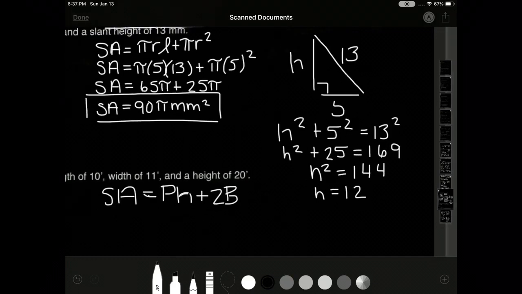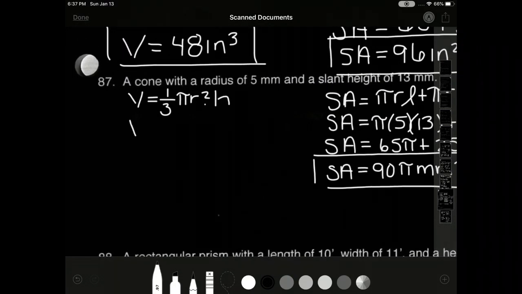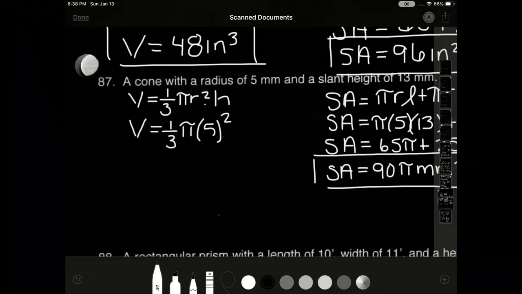So the height for our cone is going to be 12 millimeters, and that's going to go in for our volume formula. So for our volume, it's 1/3 times pi times 5 squared times 12.